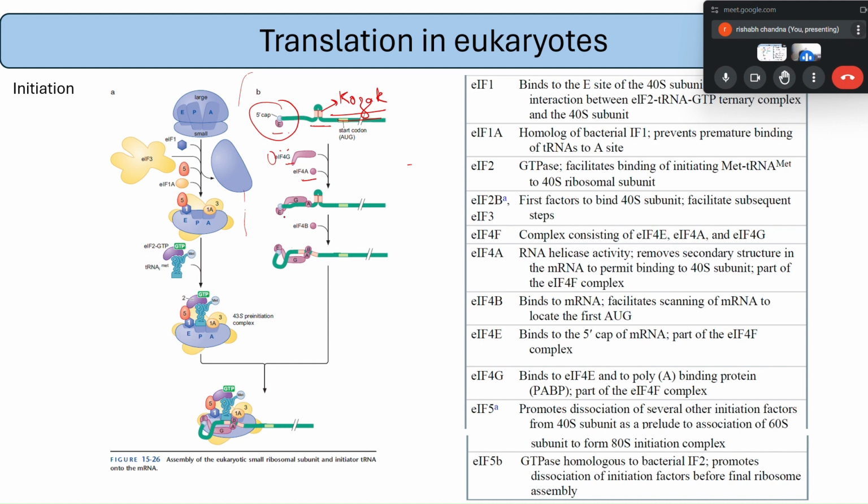EIF4A comes and binds to this particular region. Okay, so now there is a protein called B that releases the sequence, and this is identified by these initiation factors.